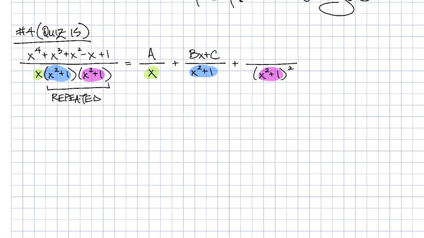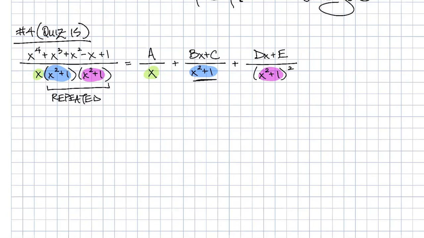Yeah, that's exactly right. So the purple part itself, just the purple part. Ignore that little power of 2 outside of the purple, but the purple part is quadratic. So I get to do exactly what I did for the blue one, but just the next letters that come up, dx plus e.